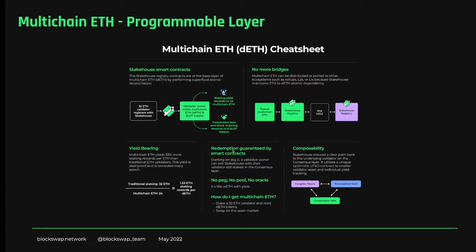So if you're looking at an overview, multi-chain ETH gives you power over your assets, right? And it's completely trustless. So now you can use this to go into any ecosystem. You can build off of it, and it's yours. There's nobody touching it. It's censorship resistant. And this is going to be really key as Ethereum scales and there's more L2s being built, other ecosystems.